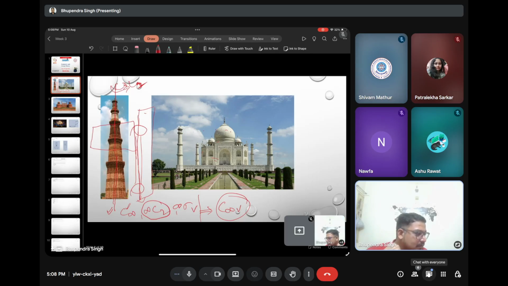If you are standing here, you are seeing from here, you will see the same architecture. If you are standing here, let's say, you will also see the same. Or if you are from behind, you will see the same.